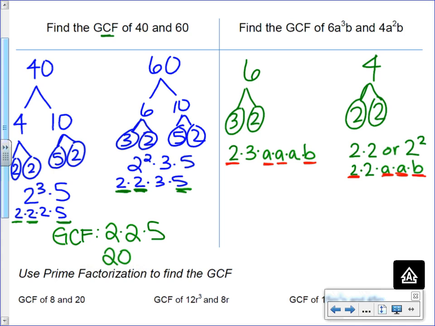No. So the greatest common factor is 2 times A times A times B, or 2A squared times B. Whichever way you like to look at it. Both answers are correct.